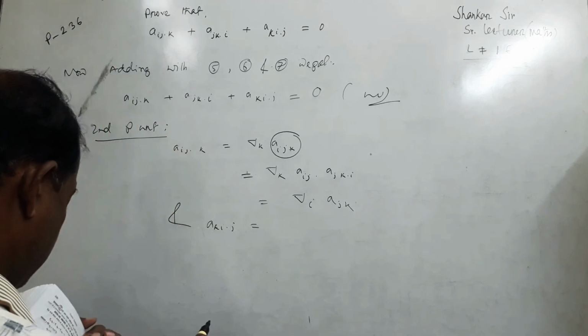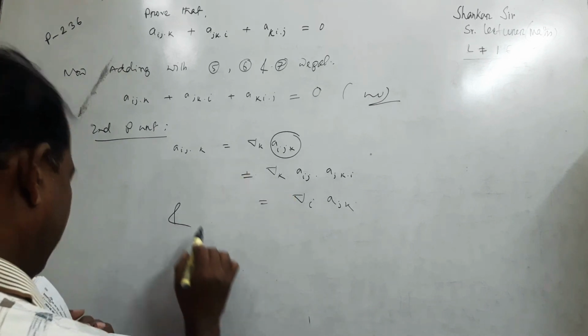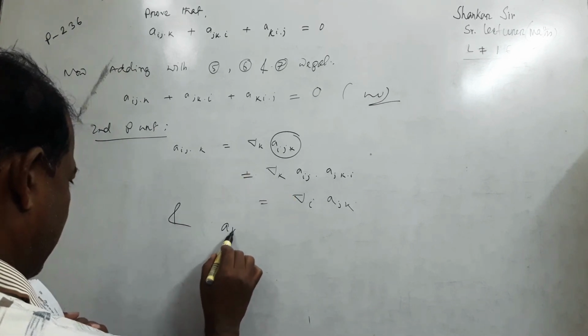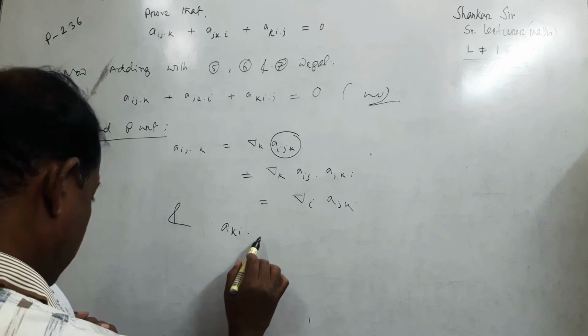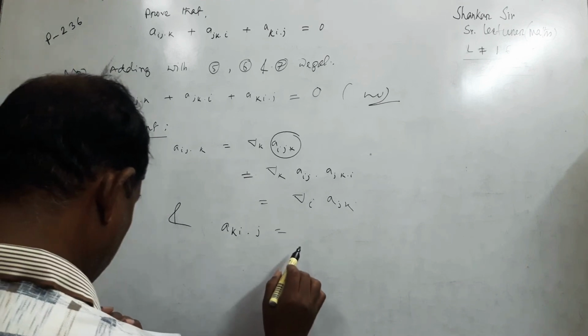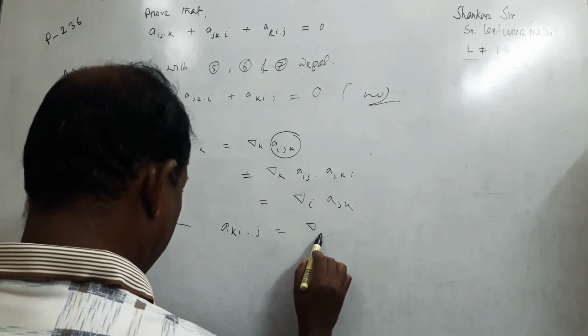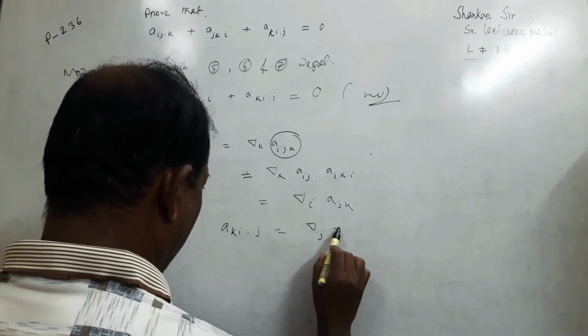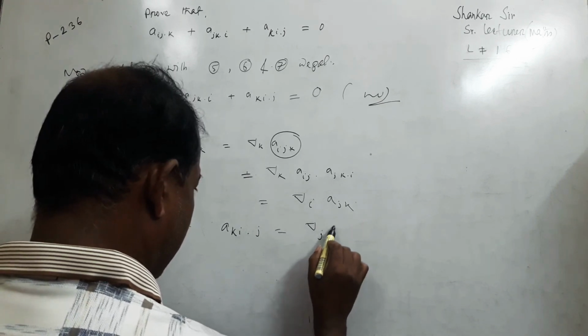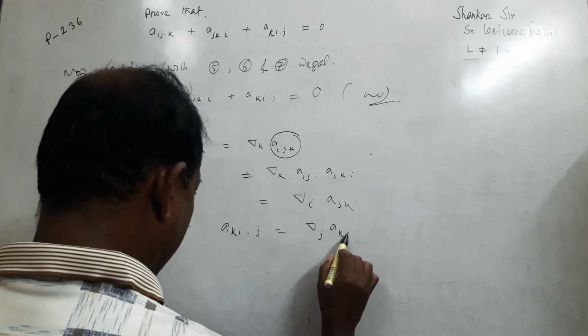Okay, and a k i comma j equal to derivative of del j a k i.